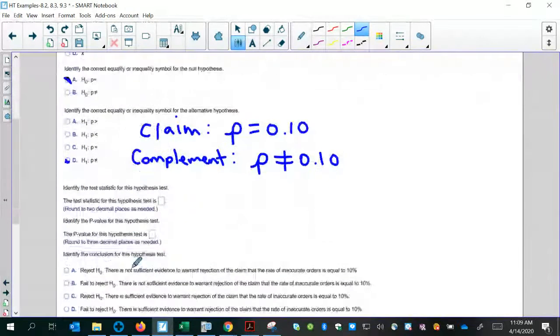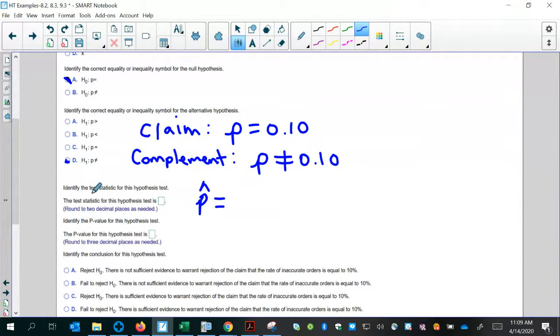Next, identify the test statistic. Okay, so a statistic is a sample measurement. And since we're doing a claim about a proportion, the sample statistic is the sample proportion, p hat.